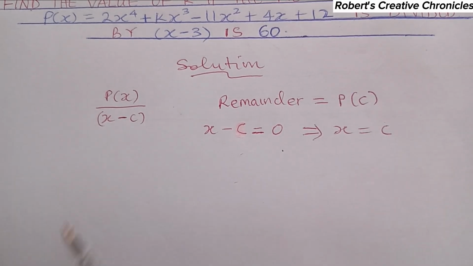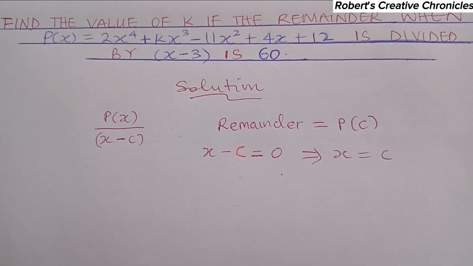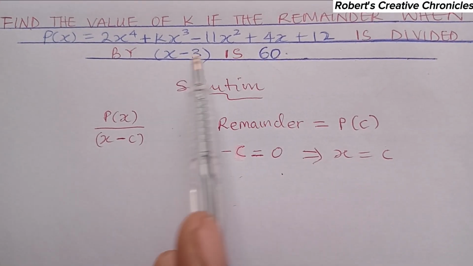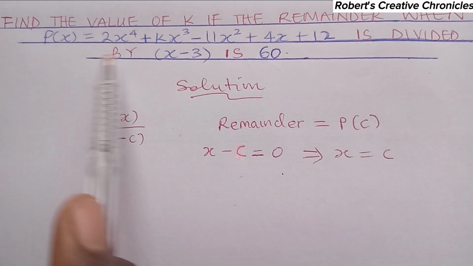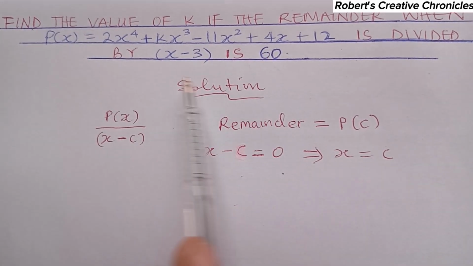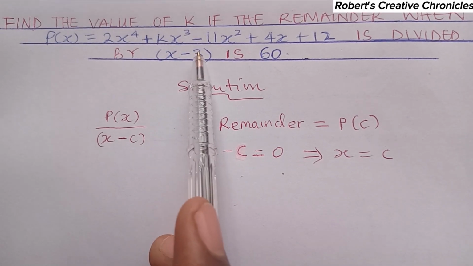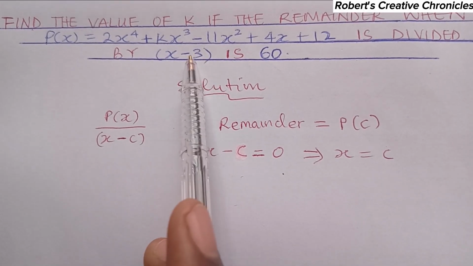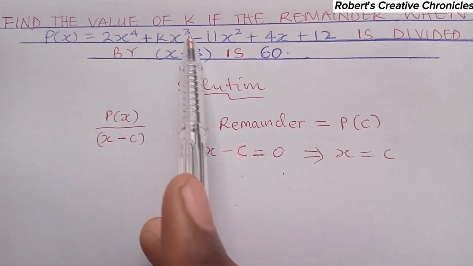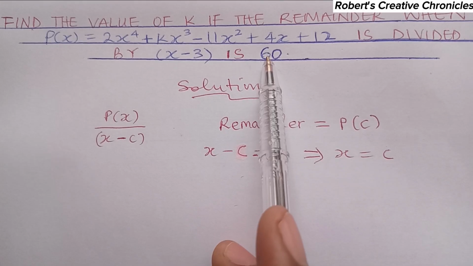So the question says find the value of k if the remainder when this is divided by this is this. So when we equate this to 0, x will be equal to 3, and when we substitute 3 into this equation, the value we get should be the remainder.